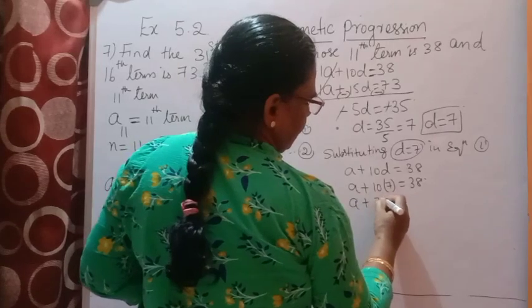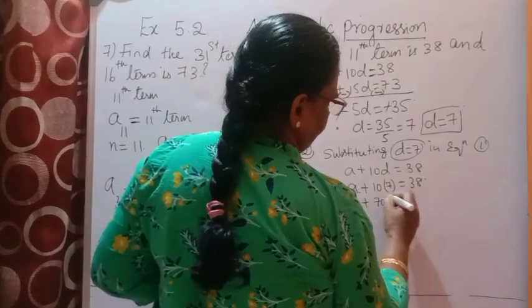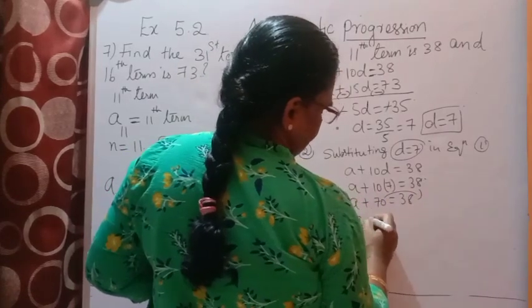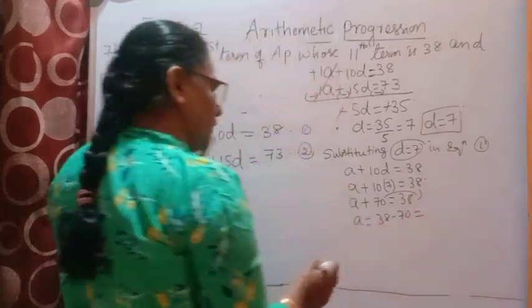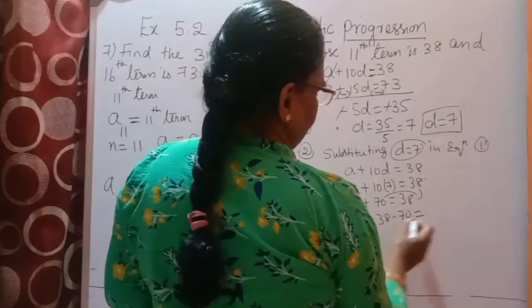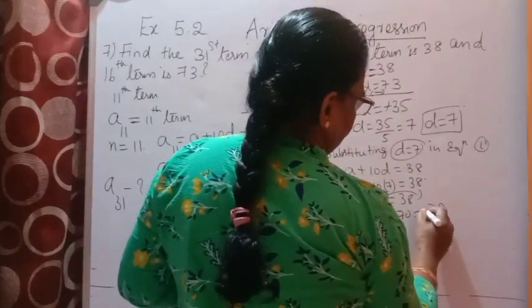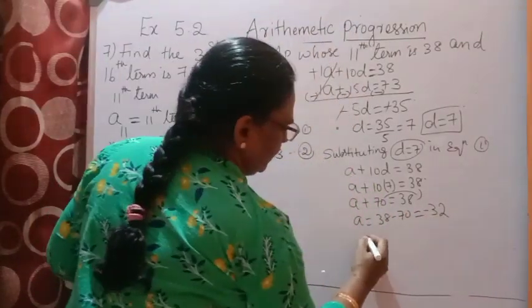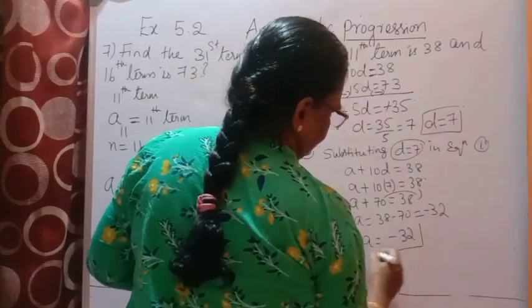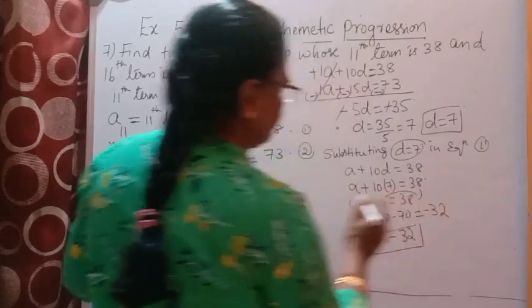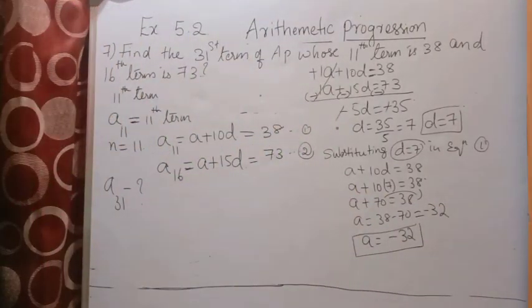A plus 70 is equal to 38. Shift 70 here. A is equal to 38 minus 70. How much will you get? Minus 32. So the value of A is equal to minus 32.